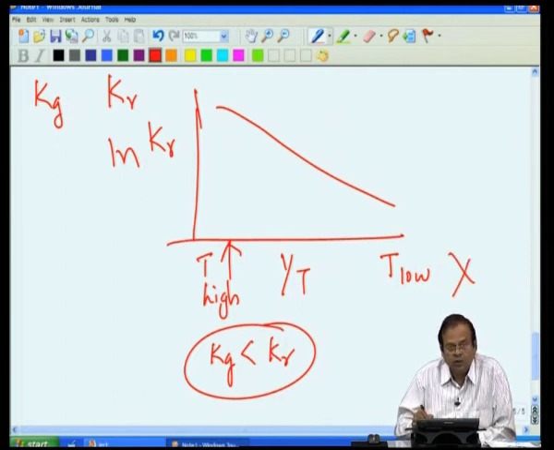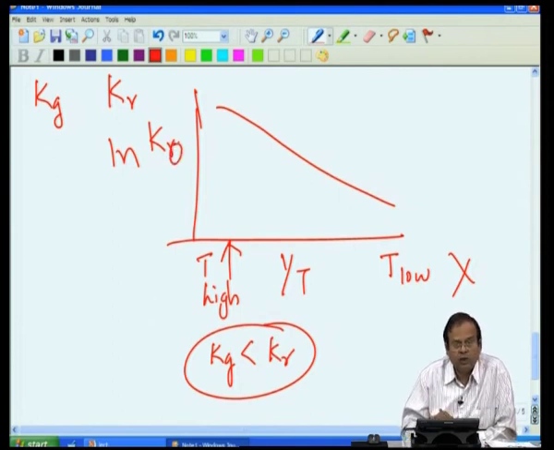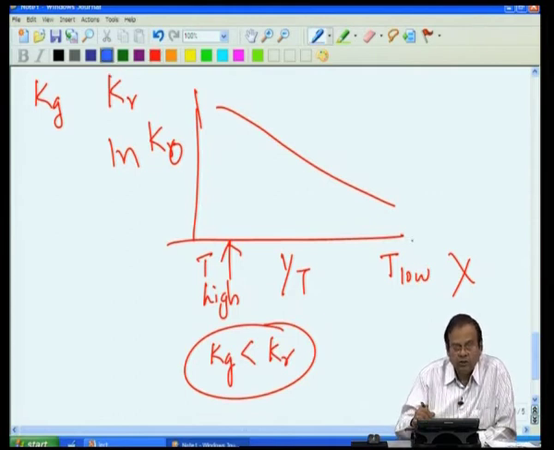In other words, what reaction rate will we measure? If we are looking at the observed rate constant, then at low temperatures it is likely that Kg is higher than Kr, so I will measure the true reaction rate.